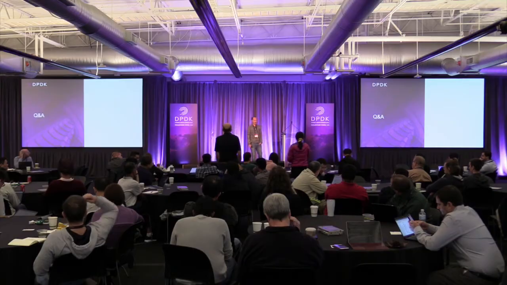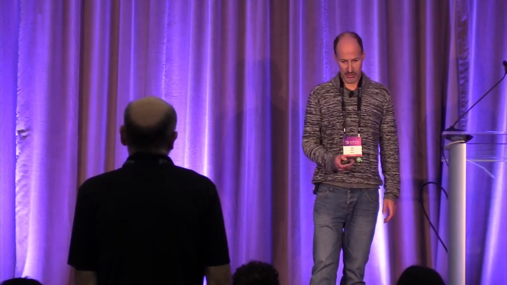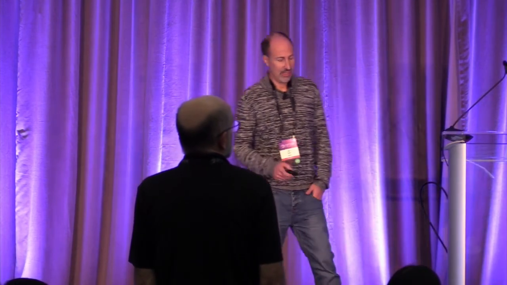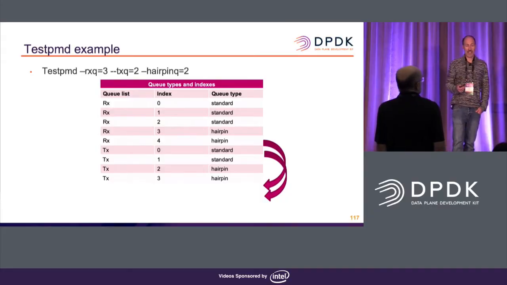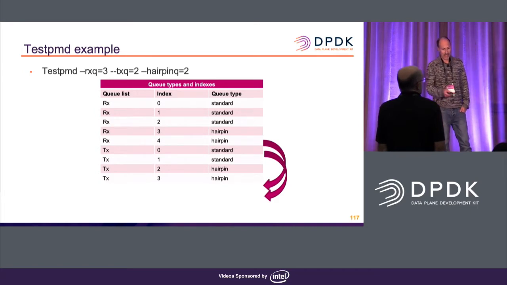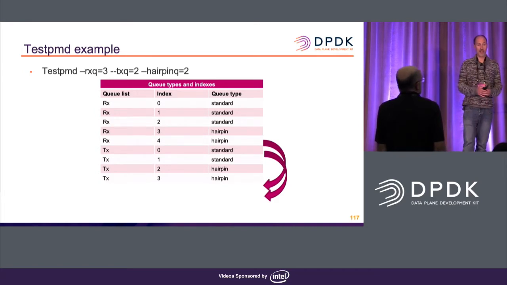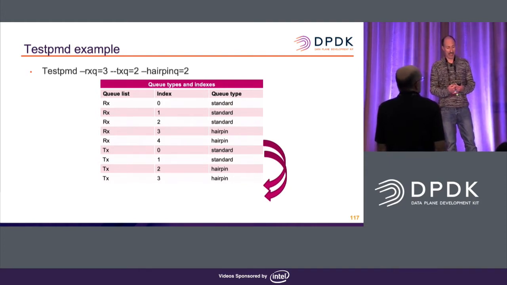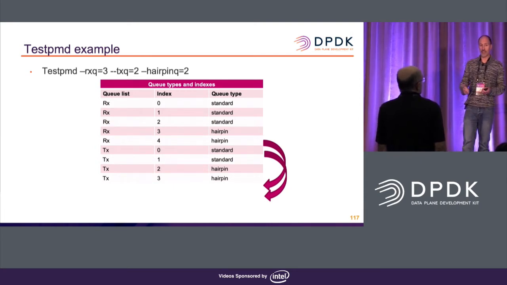Okay, if I understand the question correctly, basically, it's a queue property. It's not a port property. Like I said in this slide, wait, we'll get to this. In this slide, the port itself can have a number of queues. For example, it will have one Rx queue in order for the application to receive the first packets of a type. And then after the application receives the packet, it will say, oh, this packet, for example, is very suitable for Hairpin flow.